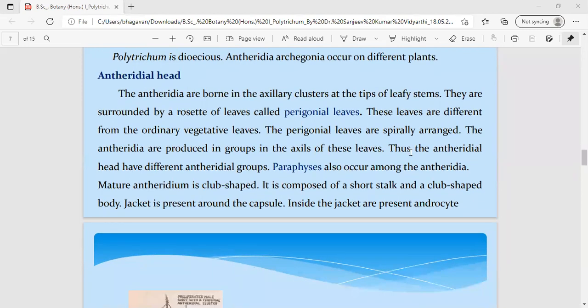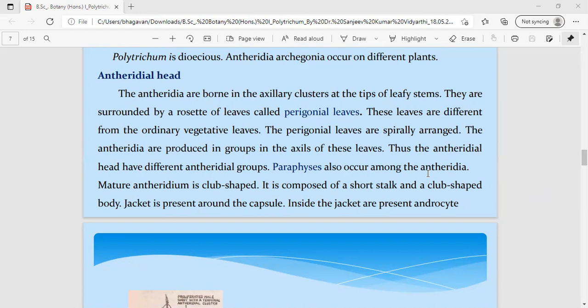At the time of sexual reproduction, the main central axis at the tip region, the apical region, develops the antheridia, the male sexual organ. These are protected by the spirally arranged covering leaves, which we call perigonial leaves.